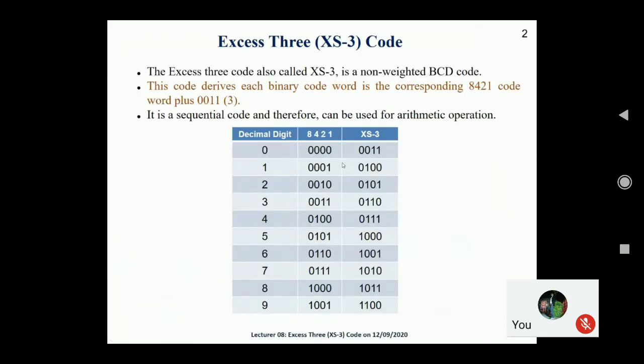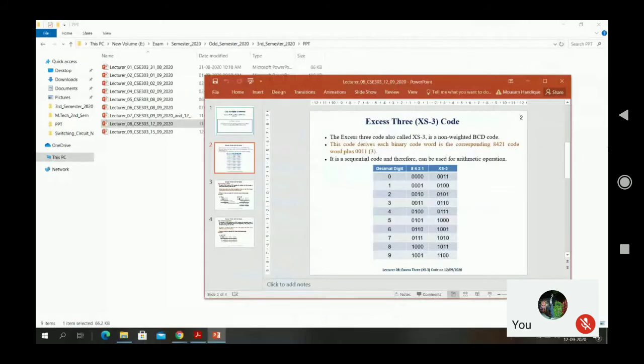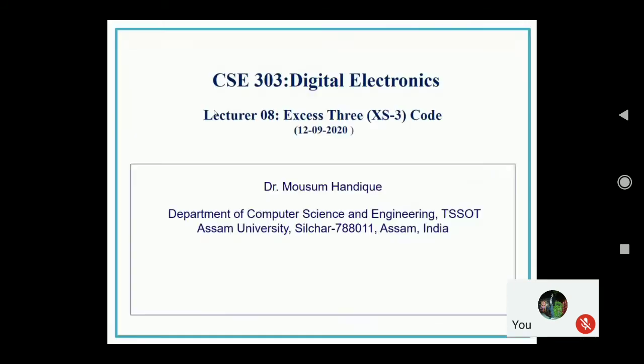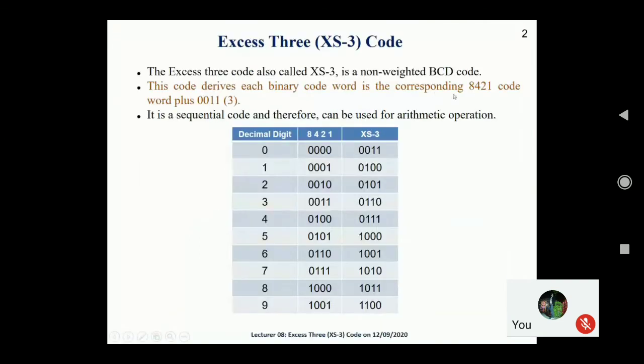This is also a non-weighted code. Excess-3 is called a non-weighted BCD code. Why is it called a non-weighted BCD code? Because we go by the concept based on the BCD.